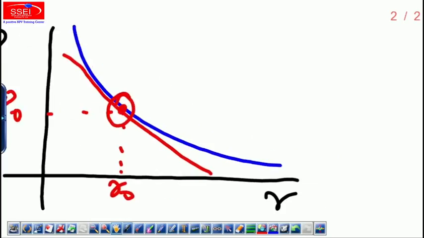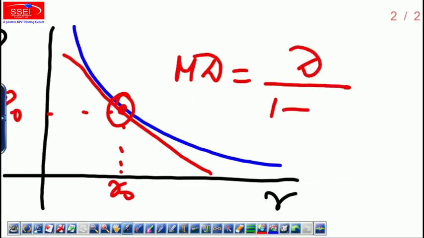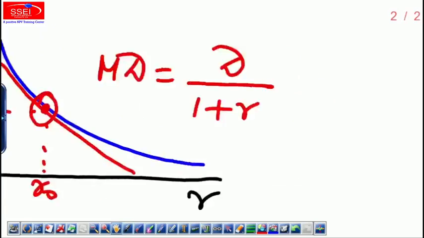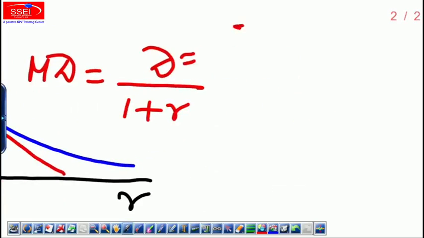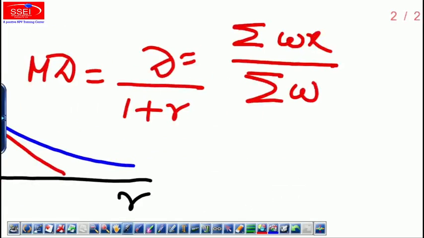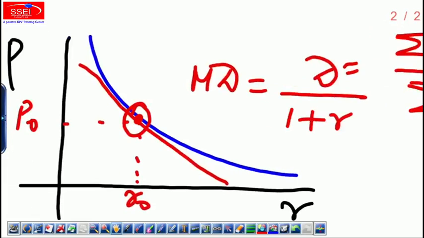We know that volatility of the bond is captured by MD, modified duration, which is duration divided by 1 plus R, where duration is Macaulay's duration. It is the average waiting time, which is summation Wx divided by summation W, where x is 1, 2, 3, 4, 5, the timings, and W is the present value of the cash flows. I know you know all these. So D is the Macaulay's duration, MD is the modified duration in percentage terms.